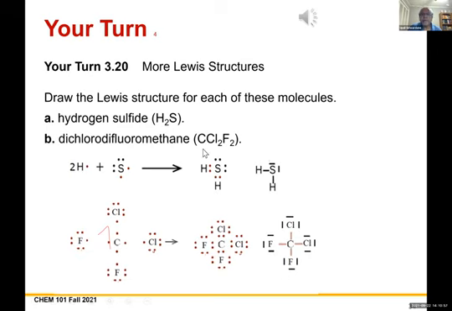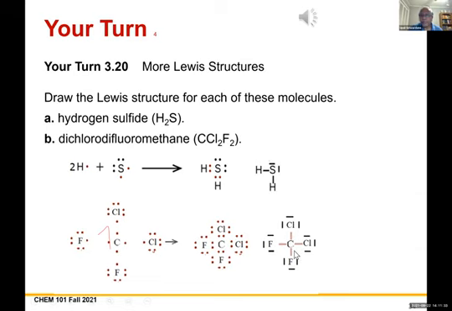Carbon is 4. 7 is fluorine and chlorine. 7 times 4 is 28. Am I doing this right? 7 times 2 is 14. 14 plus 14 is 28. Plus 4 is 32. We had to have 32 electrons here.